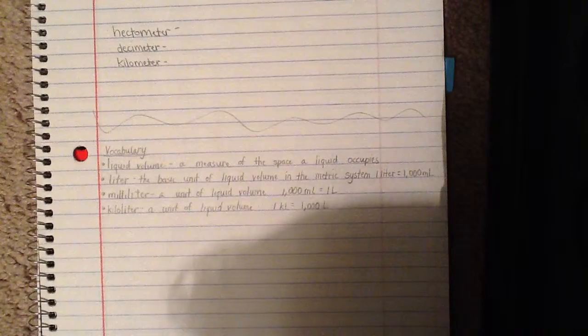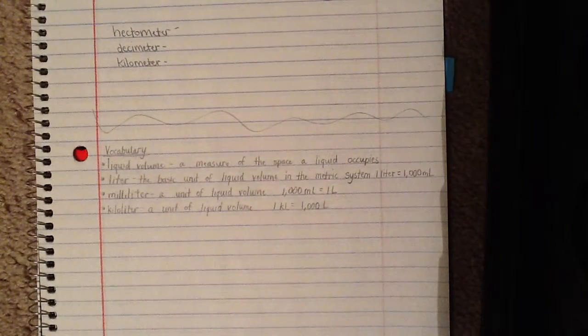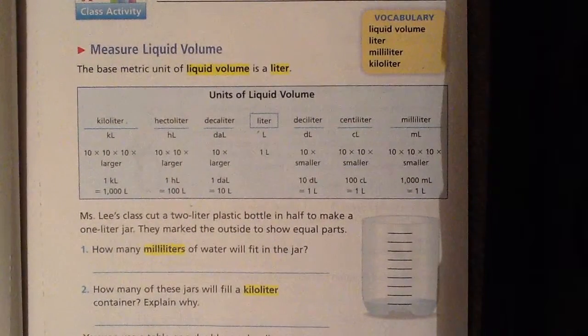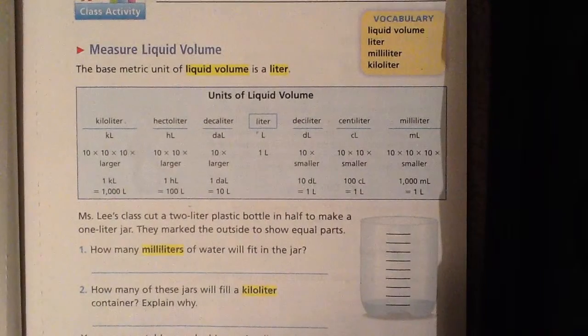Look at page 169 in the student book. You will notice a table similar to the one we used for mass, for length. Again, you will see our 4 vocabulary words.